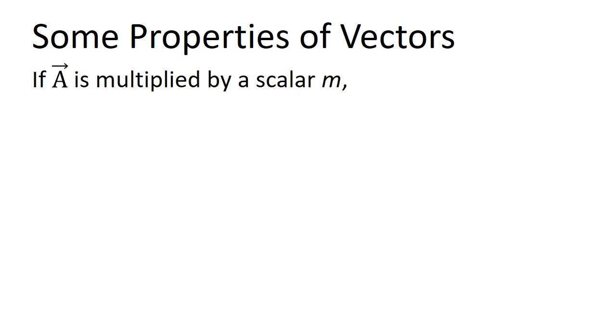If vector A, for example, is multiplied by a scalar m, there are three possible outcomes.